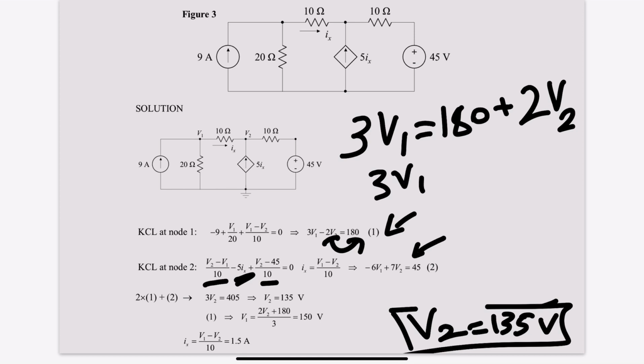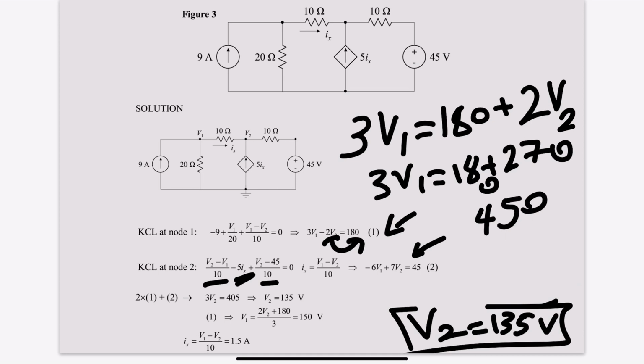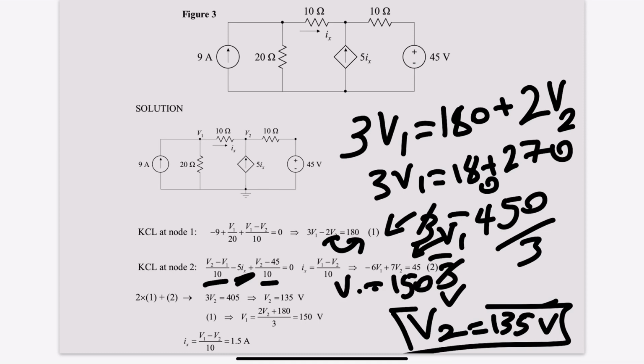Therefore, 3V1 equals 180 plus 2 times V2, which is 2 times 135, which is 270. 270 plus 180 is going to be equal to 450. 3V1 divided by 3 on both sides, V1 is going to be equal to 150 volts.